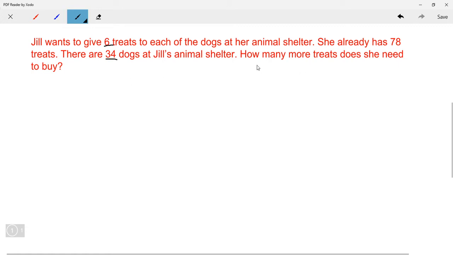But that's not the question. The question doesn't say how many treats will she give to the dogs in all. It says that she already has 78 treats. How many more treats does she need to buy? So that means what we need to do is figure out how many treats she needs to give the dogs.